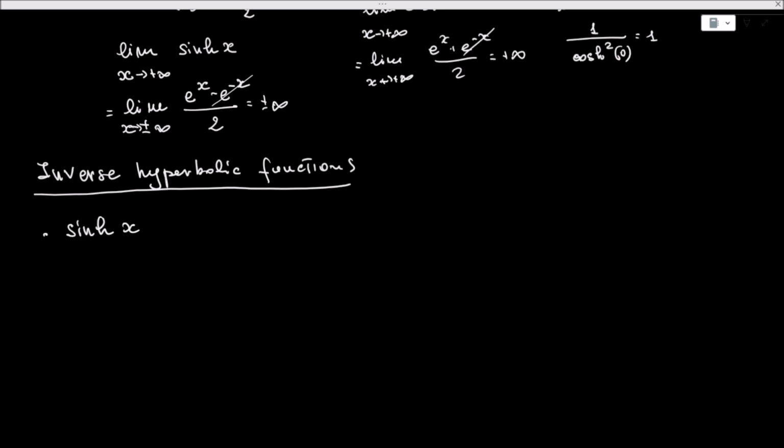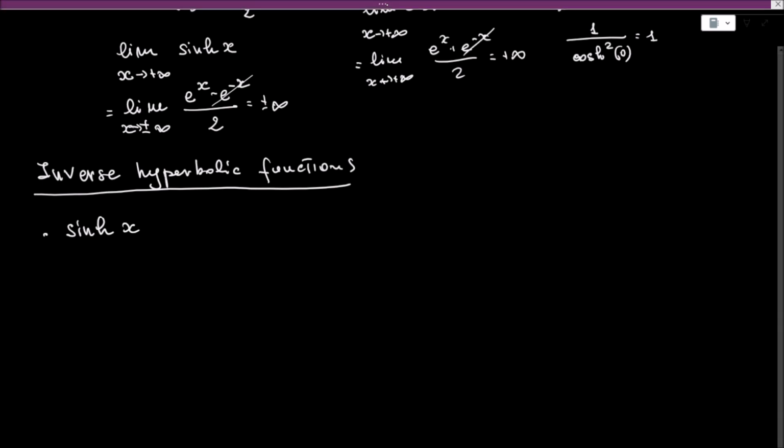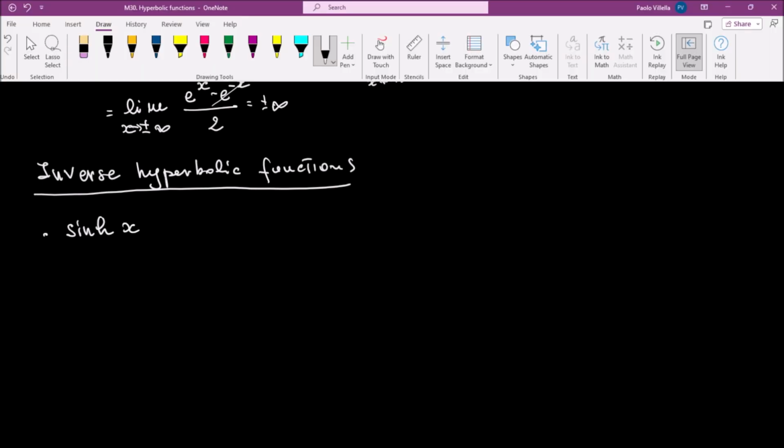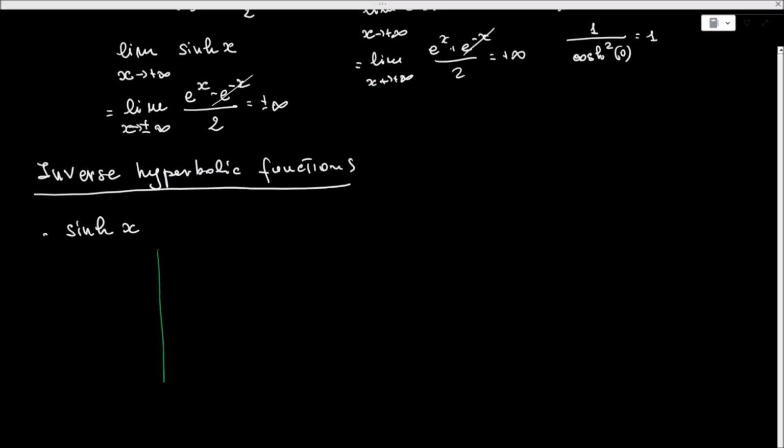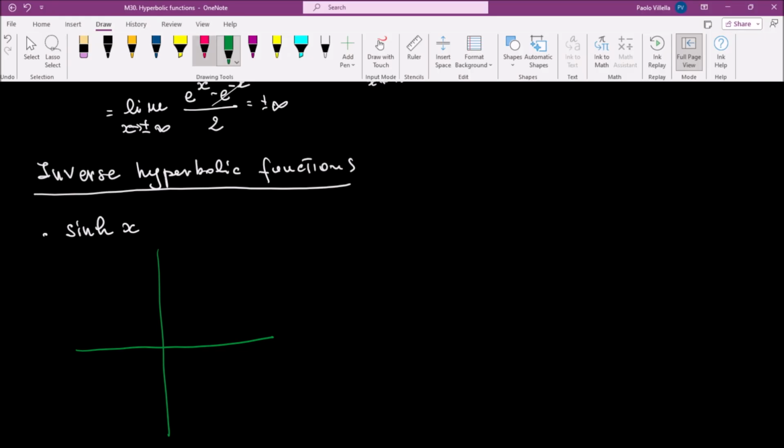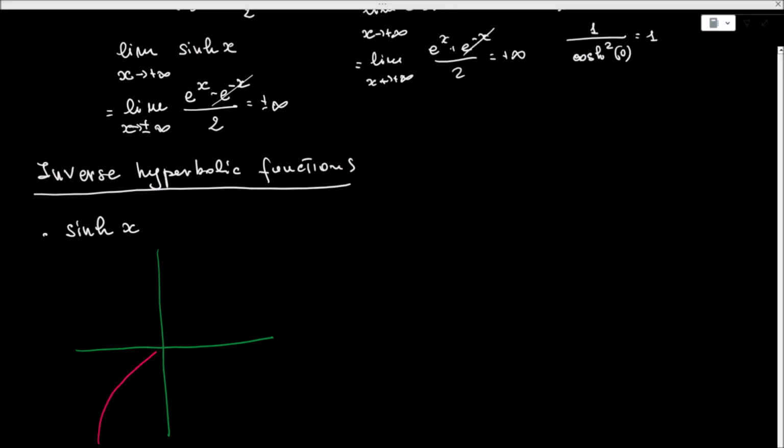Well, the hyperbolic sine of x, we just saw it is a function which is strictly increasing, and which implies that this is basically a bijection.